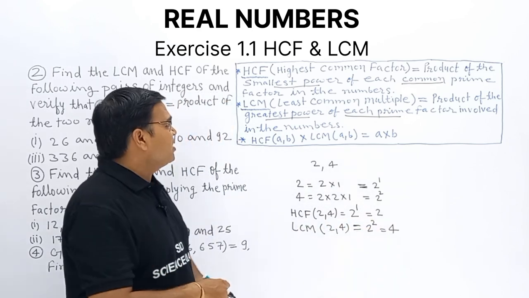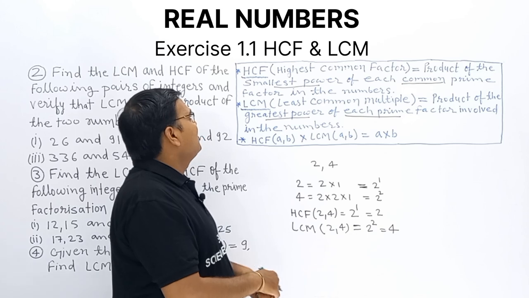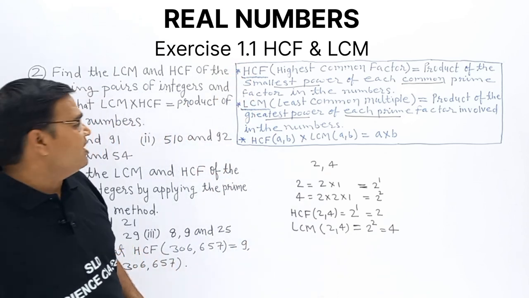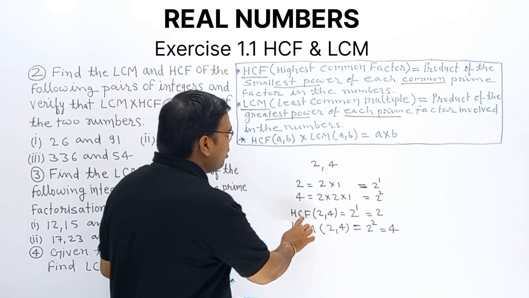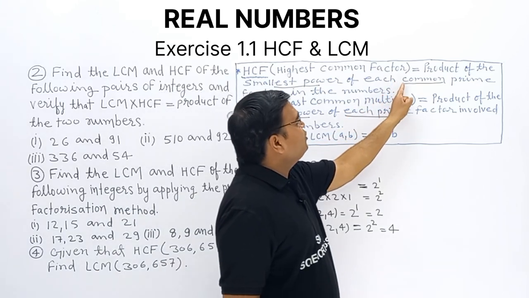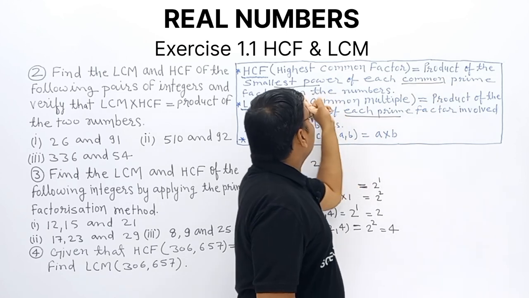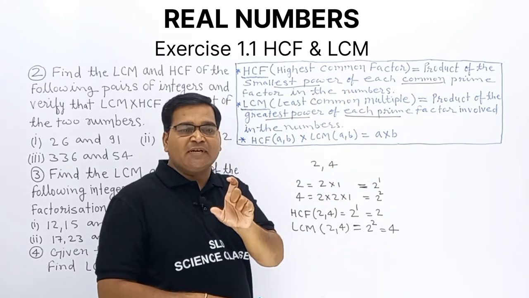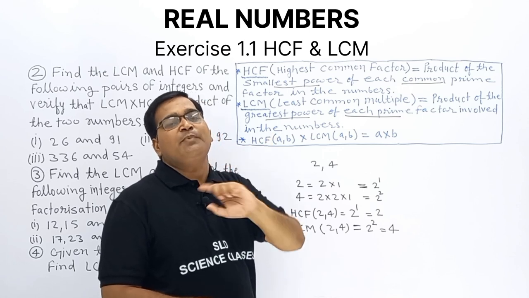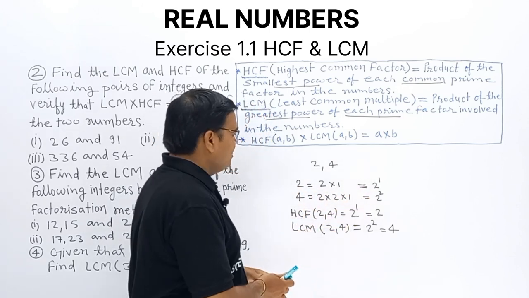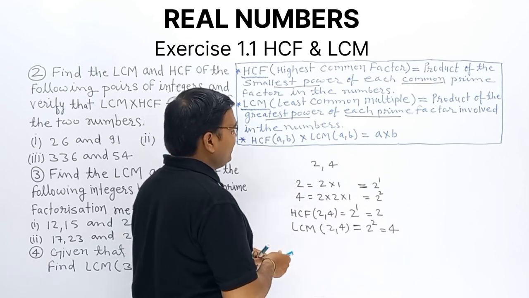So we can say the HCF of 2 and 4 is 2, but the LCM is 4. In a simple way, in the HCF, the highest common factor, we use each common prime factor. Common means that when two numbers are there, we use the common prime factor. This 2 and this 2 are common, so we write 2 only one time.